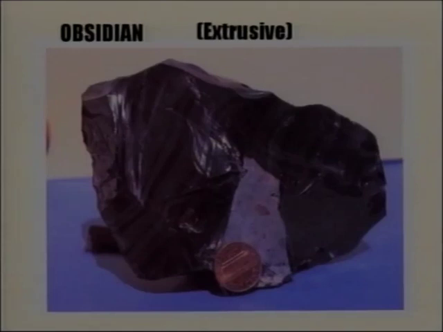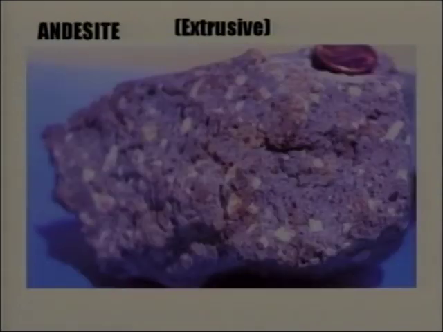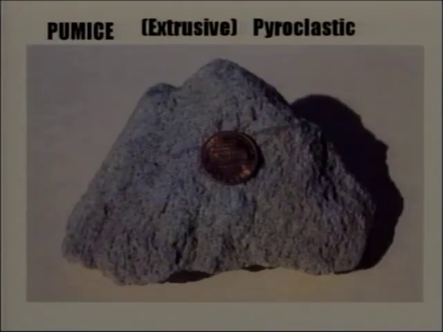And then we had other examples of extrusive igneous rock, obsidian being a common one, because in Papua New Guinea we do have areas or sites in the country where obsidian is mined. Andesite is also another example of an igneous extrusive volcanic rock. Then we looked at pumice.